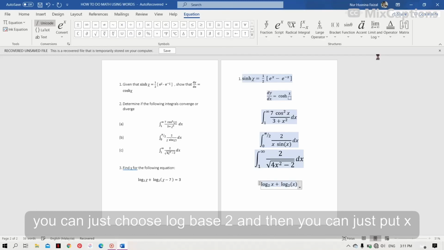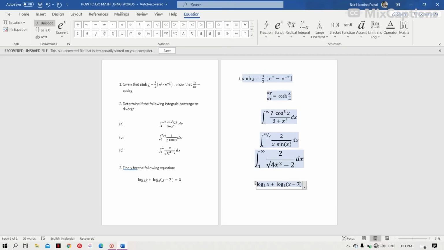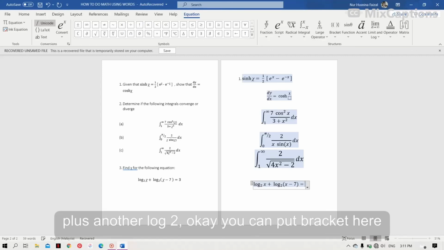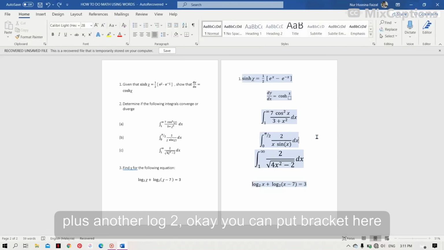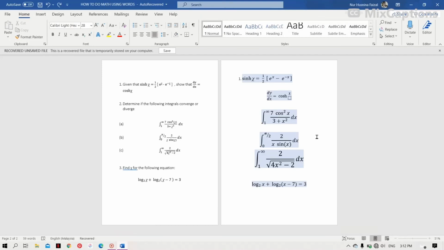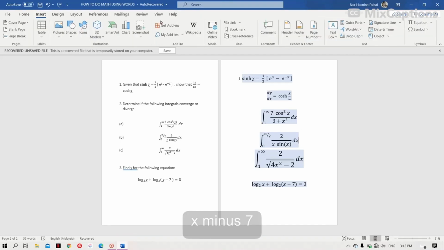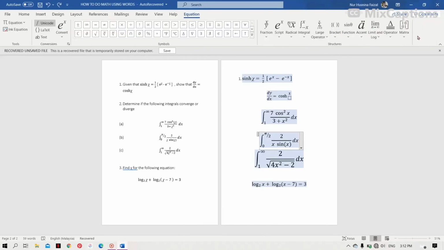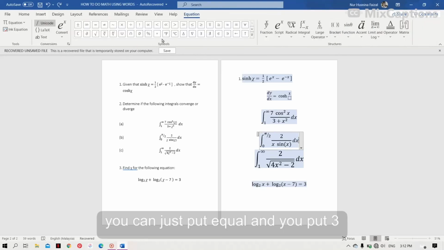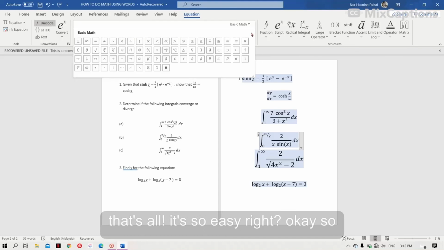And then you can just put x and plus another log 2. Okay, you can put bracket here, x minus 7. Okay, and then you can just put equal and you put 3. That's all. It's so easy, right?